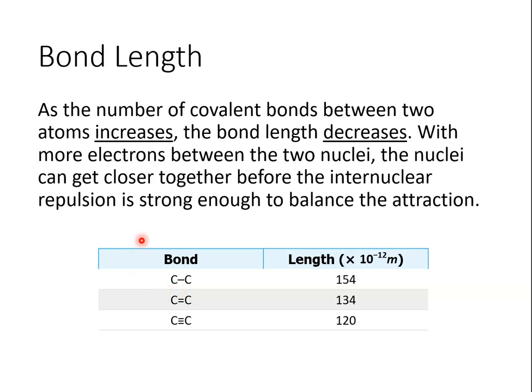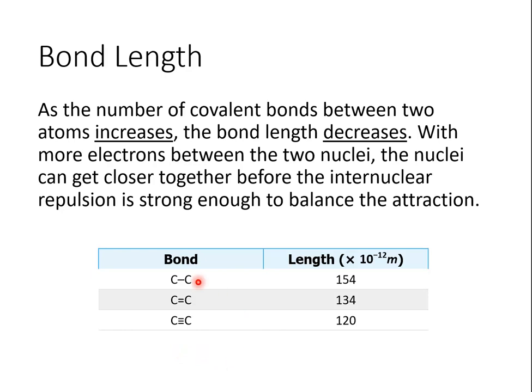And the more negative charge that goes in between those two nuclei, the closer they can get to each other. So smaller atoms will make bonds with each other that are shorter, and the larger the atom, the more distance there is between the two nuclei, because the larger atoms have a larger positive charge at their nucleus.